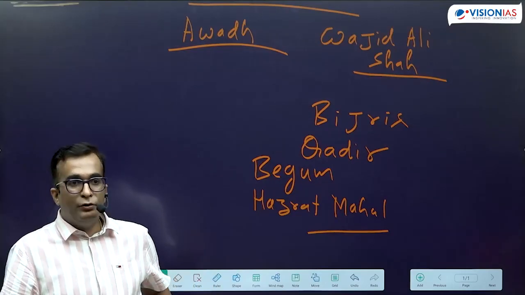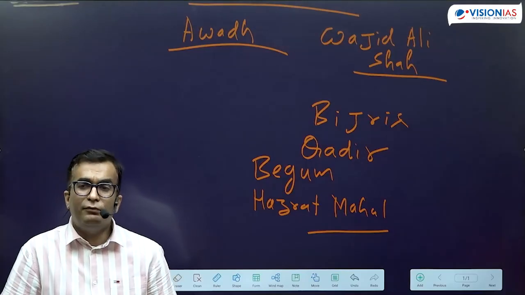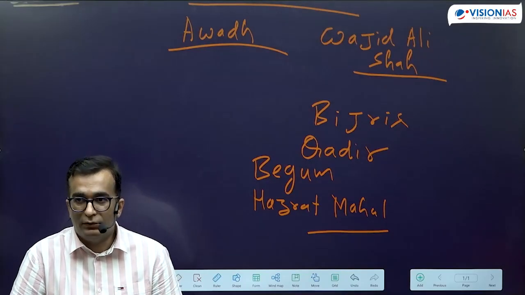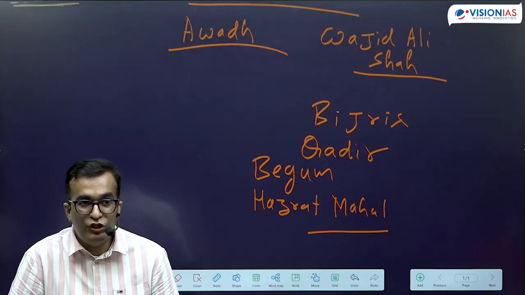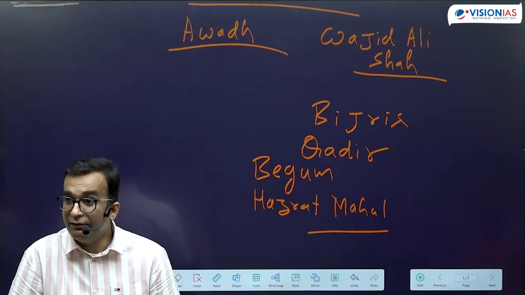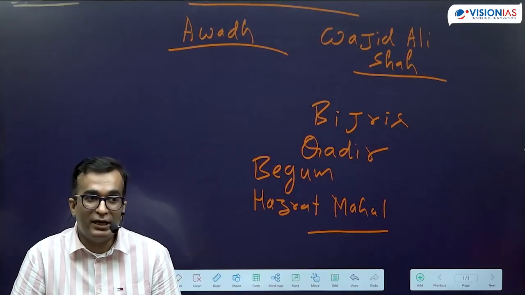Maulavi Ahmadullah organized the revolt from Faizabad, Ayodhya. Then what about Bihar? In Bihar, Kunwar Singh, landlord of Jagdishpur, organized the revolt. He was a man in his 70s, but he was already offended by the confiscation of his landed estate. And by what?